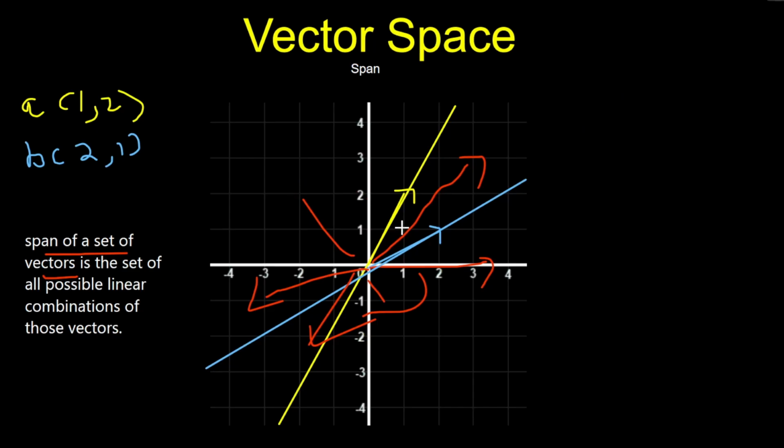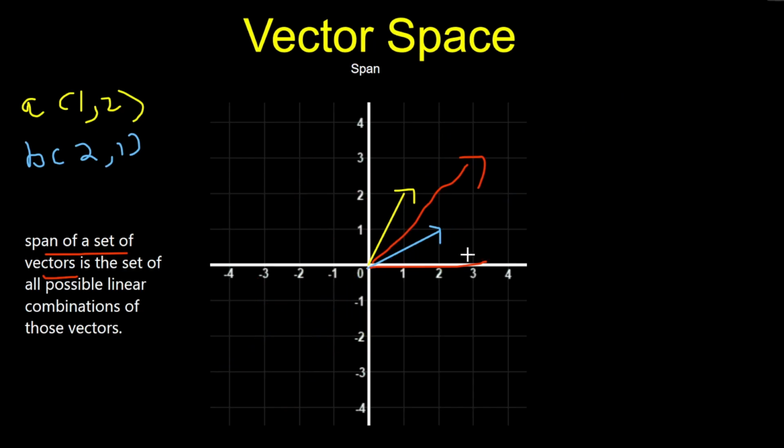Let's say there's a case where we cannot find every vector by linear combination of the two vectors. Instead of the second vector 2 comma 1, we have a vector on the same line as the first vector.